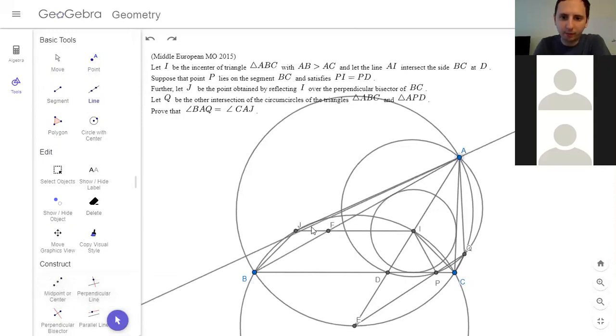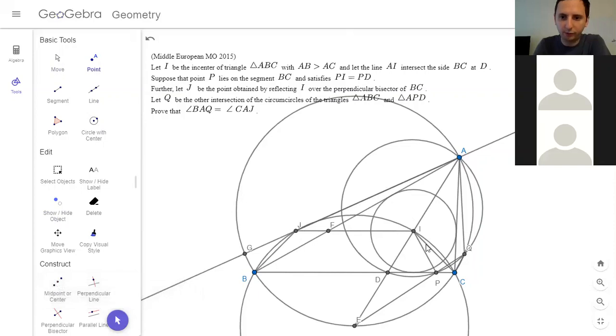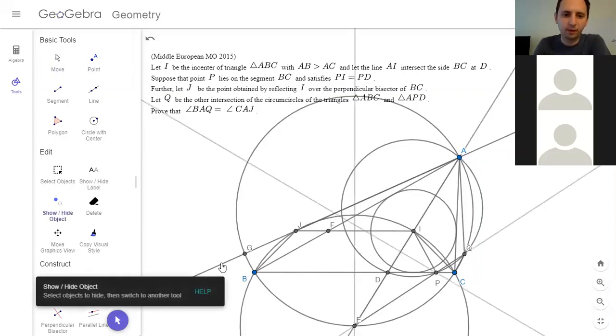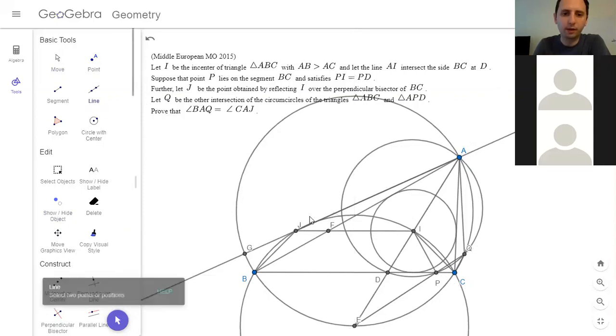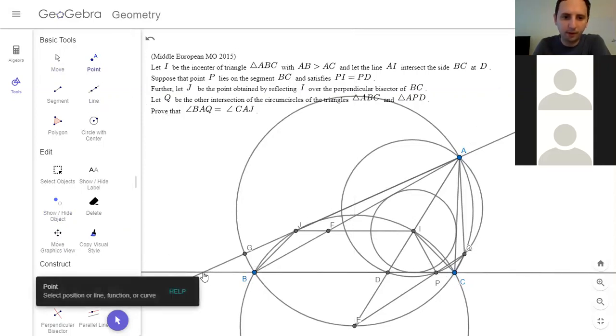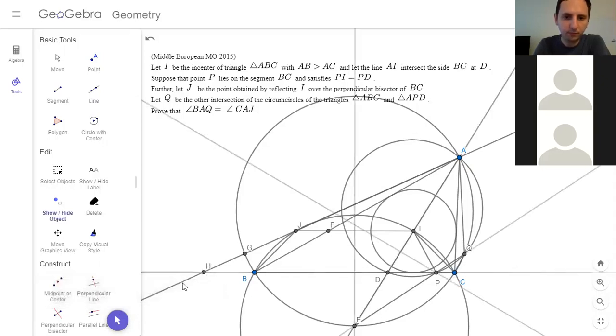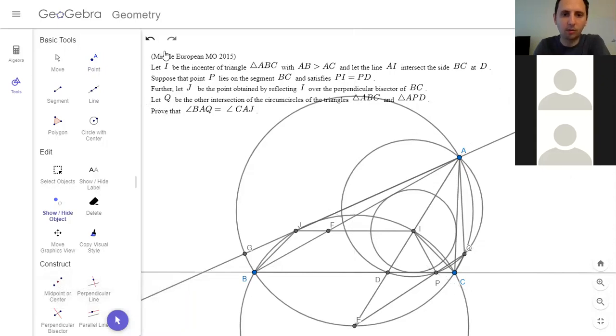I tried that before. So basically we want to show that GQ is parallel to BC. He said ABC actually. Oh, really? Okay, my bad. No, I misread. It's ABC.